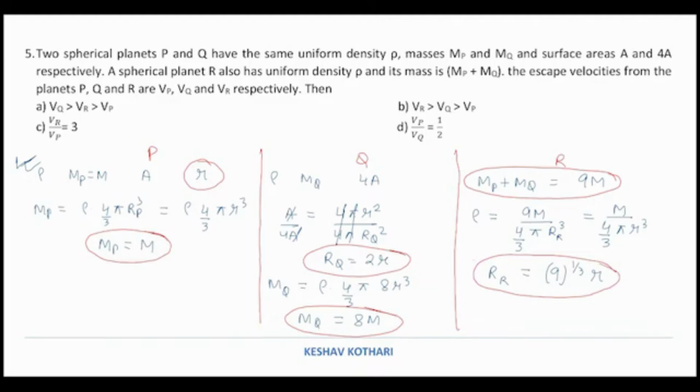Now we need to talk about the escape velocity. So let us discuss it in the next page. If I write the expression for escape velocity from any planet, I can write it as VE is equal to root over 2GM by r.